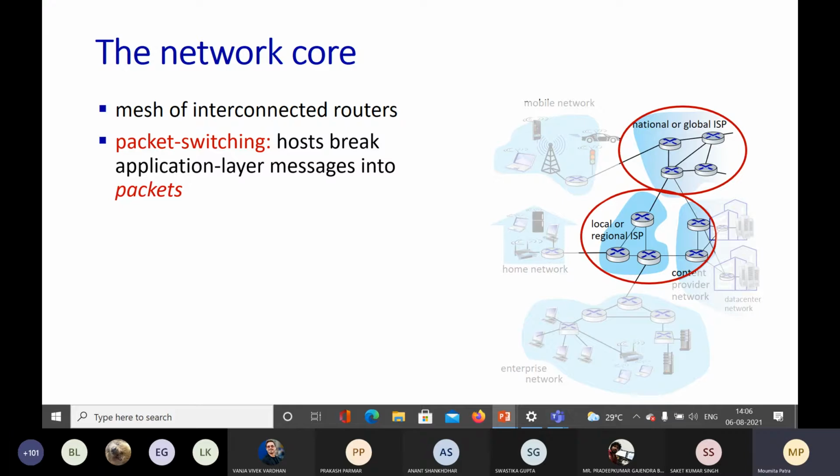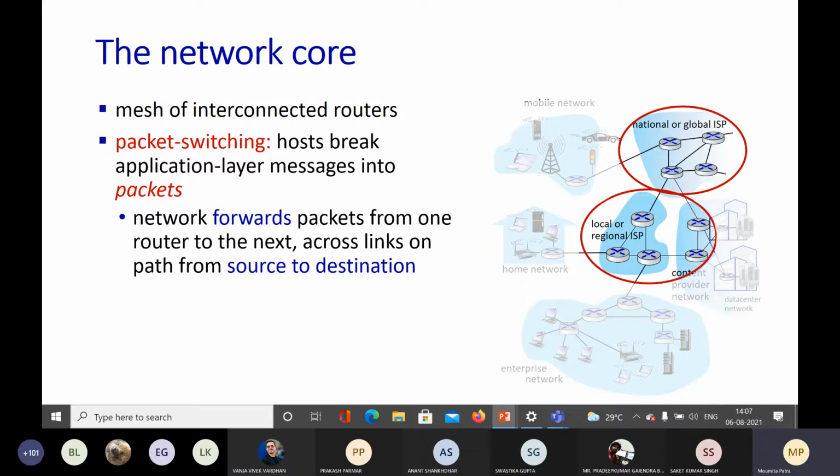Packet switching is a technique where the host system breaks the message into different chunks of data, known as packets, and then these packets are transferred over the medium to the destination. That is known as packet switching. I hope I'm clear on this. I will clarify again in the next slides.